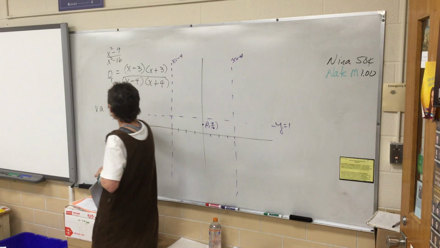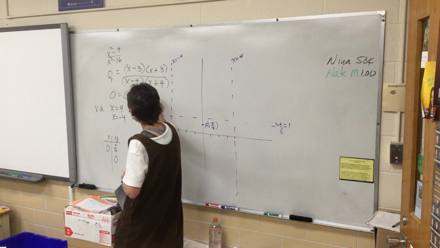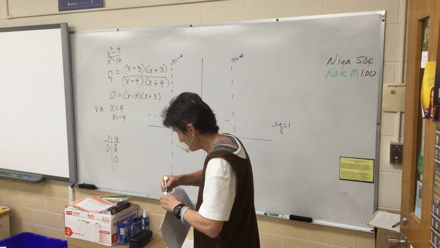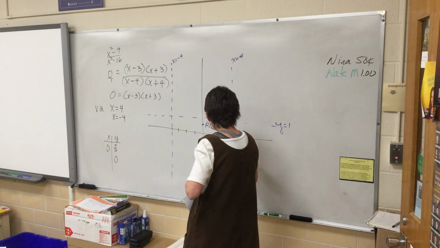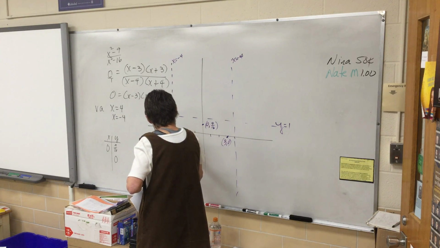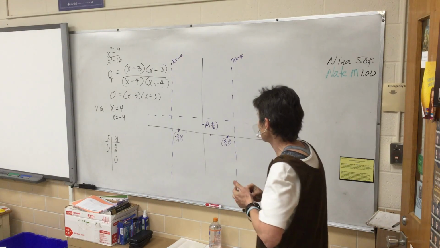So what are you left with? 0 equals (x minus 3)(x plus 3), which means x has to be either 3 or negative 3. So as far as important stuff goes, that's it.